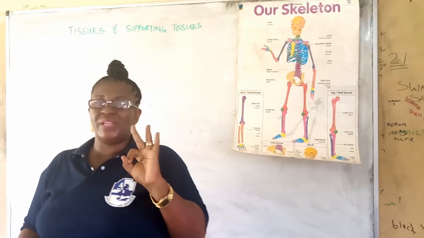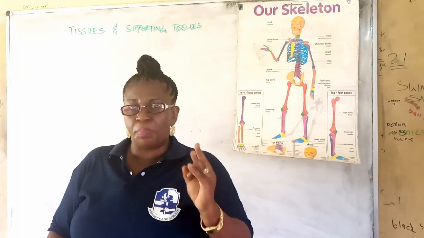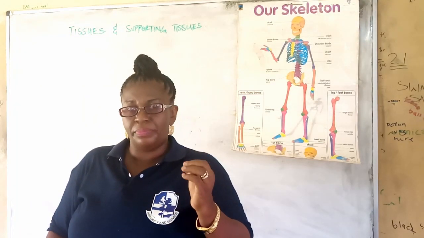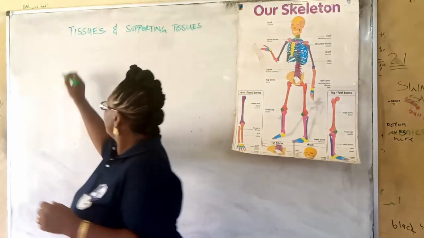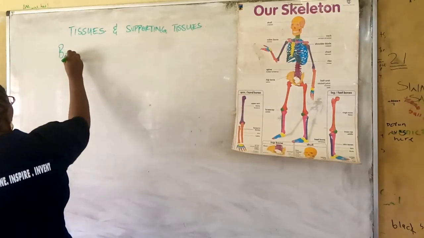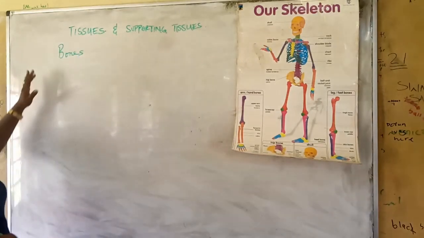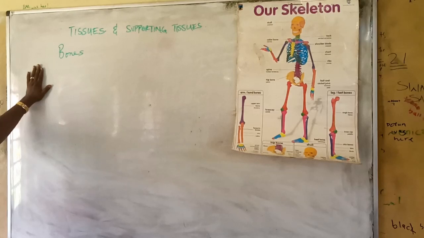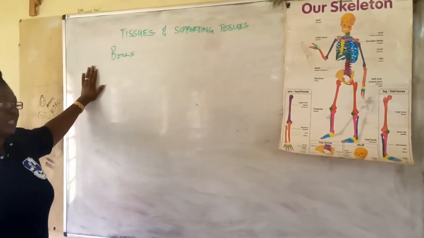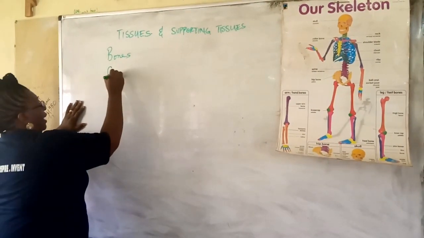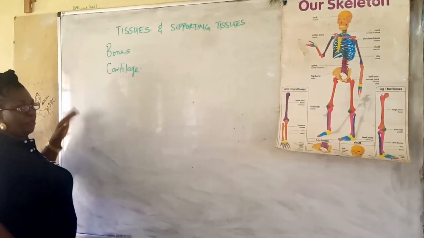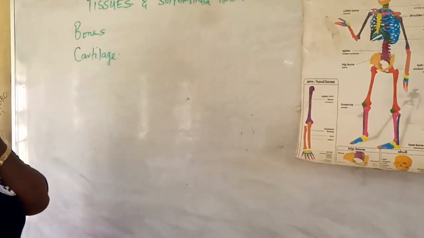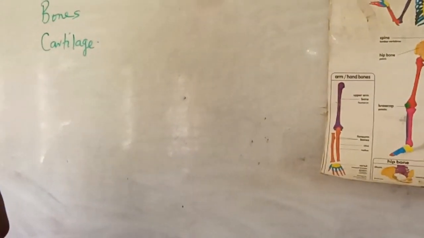There are three different types of tissues that may support an individual or an organism. They could be bones. We're familiar with bones because they are common in vertebrates. There could be cartilage, like you find your elastic cartilage, your nose or your ear.